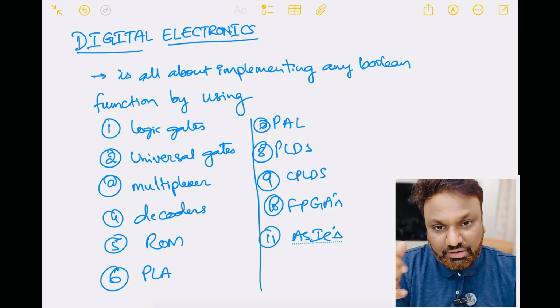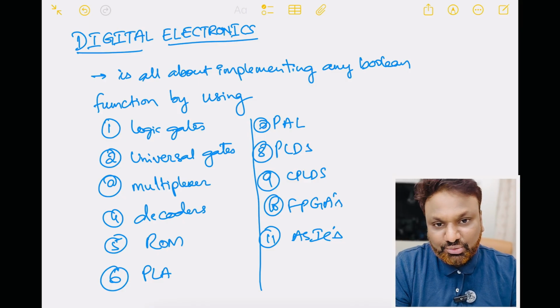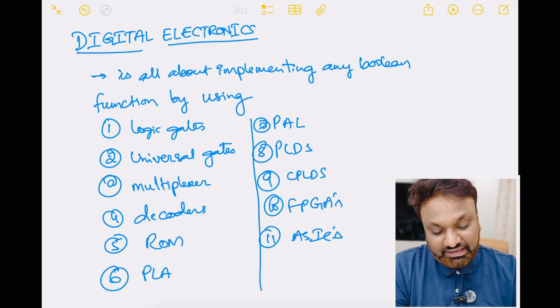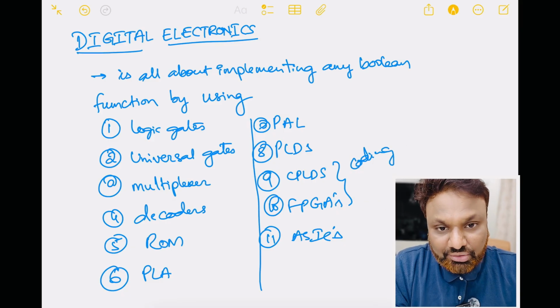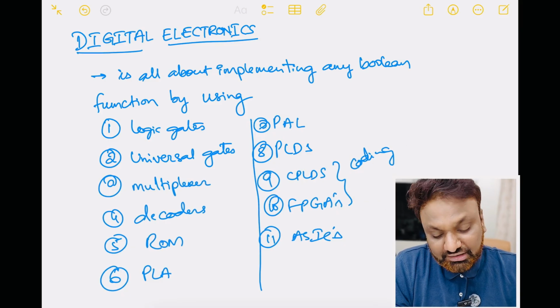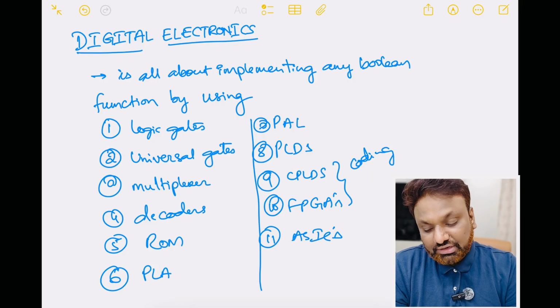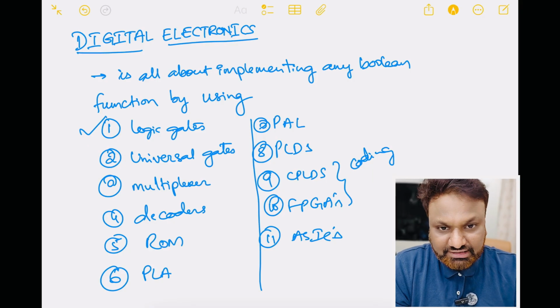PLA means programmable logic array and PAL means programmable array logic, CPLDs, FPGAs and ASICs, right? So here we use coding, either Verilog or VHDL code. The hardware is readily available, so we'll be using the coding, right? So in this lecture we are going to study about the logic gates.